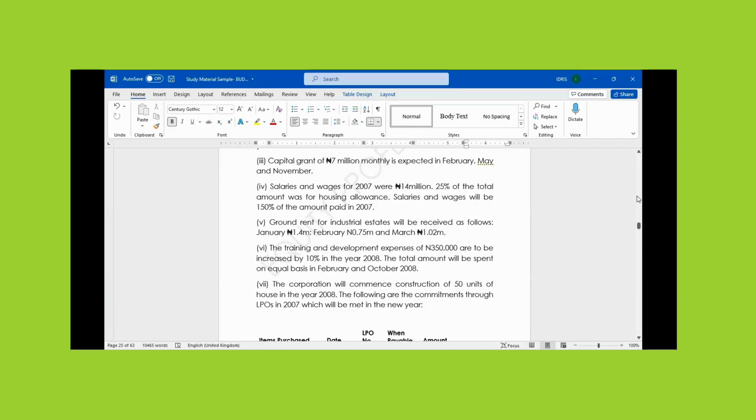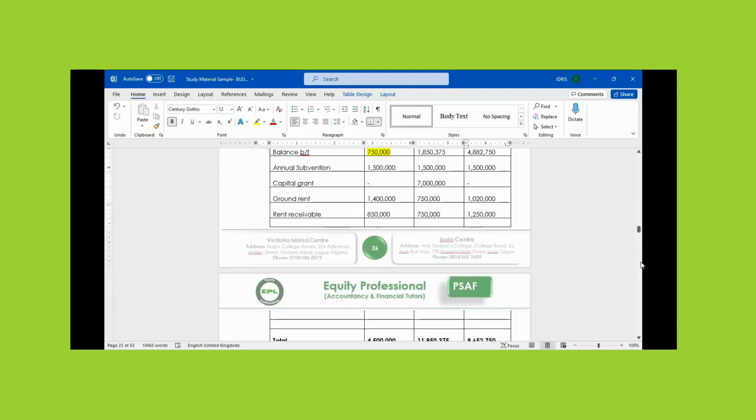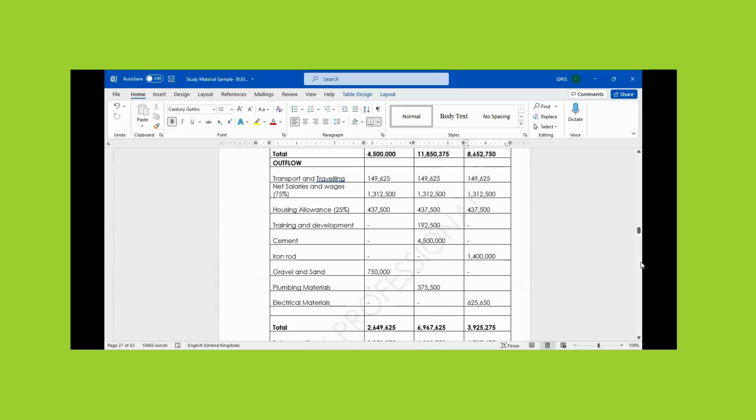Is it not the same as what we got? What do you get? We got 21 million first as the 150% before we deducted the 25%. If you do it like that, we are still going to get it.